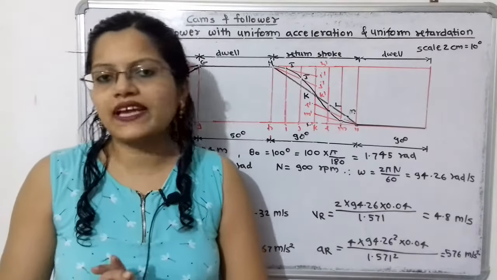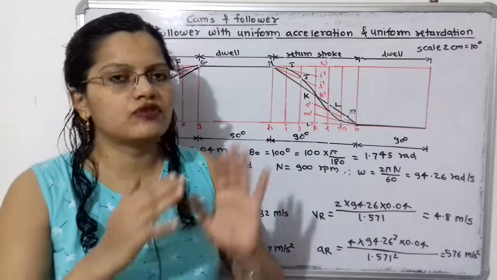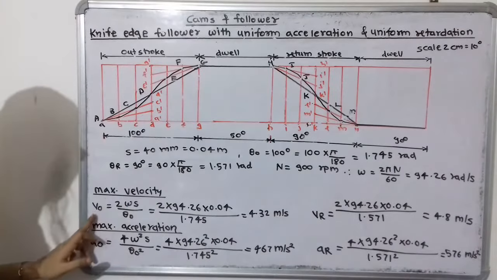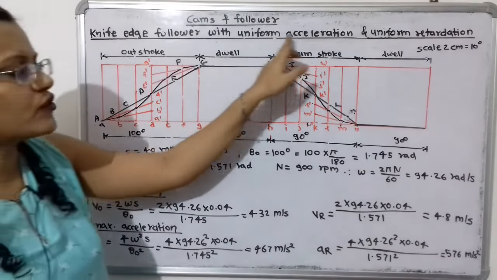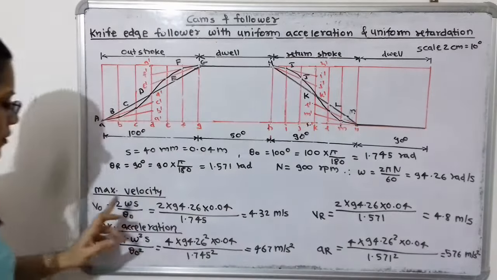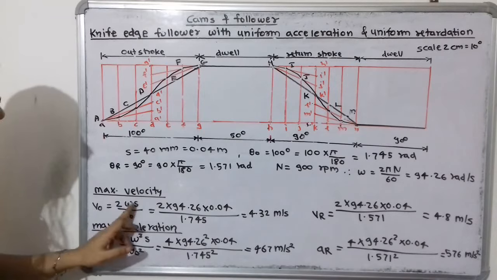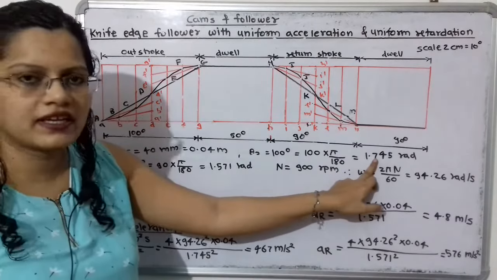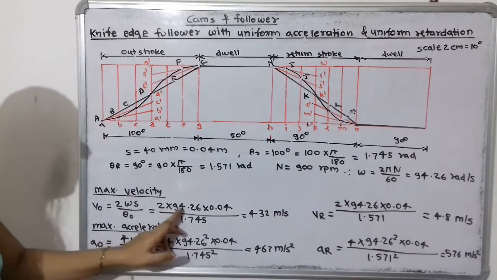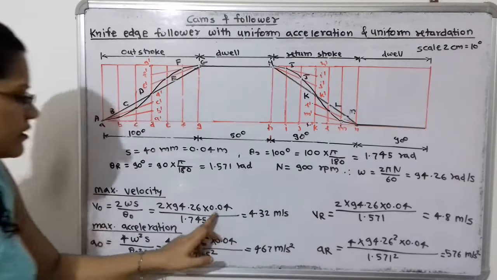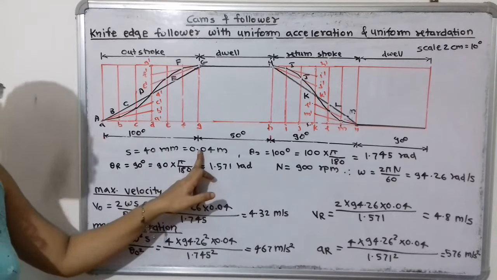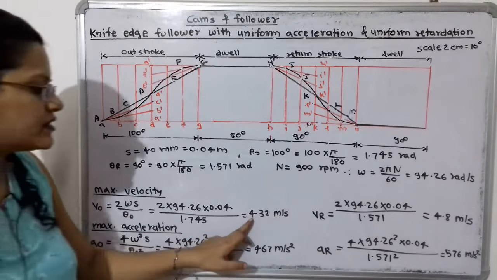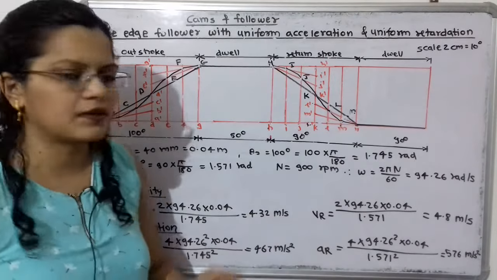Now we will move to the calculation of maximum velocity during outstroke and return stroke. What is the formula? Because the motion is uniform acceleration, the maximum velocity is 2 omega s by theta o, with theta o in rad. So 2 into omega, into s, with the stroke in meters, divided by theta o, 1.745, which is equal to 4.32 meter per second.